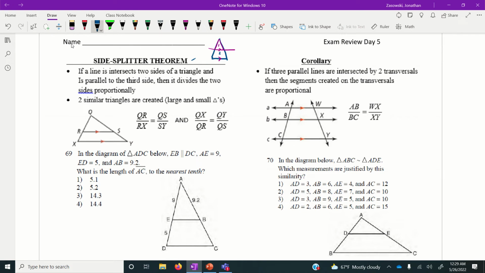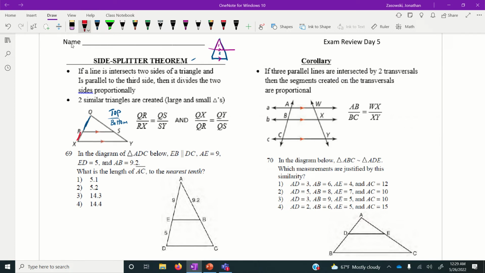Now there's two main proportions we're going to look for. One of them is the top line cut for the side splitter theorem. So you can see it's QR over the bottom. All right, so top over the bottom here, as the first one.